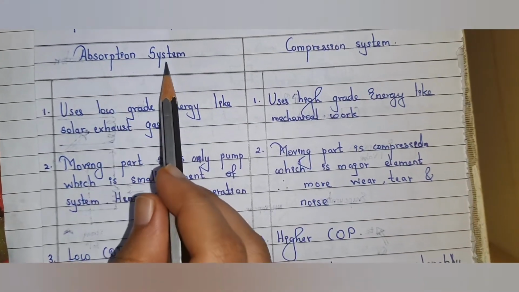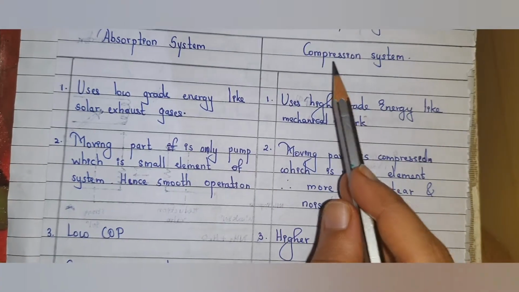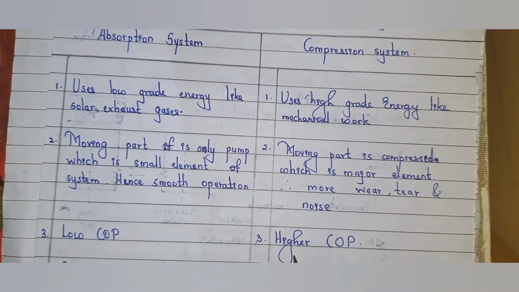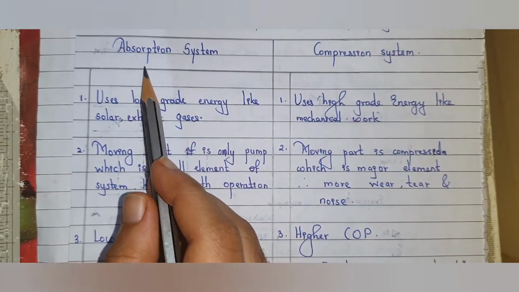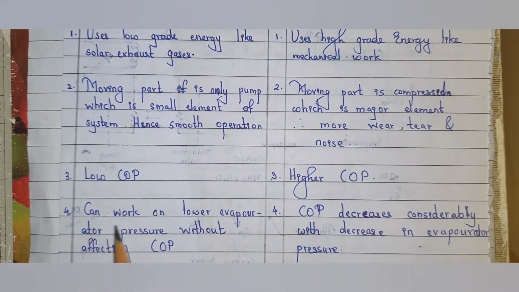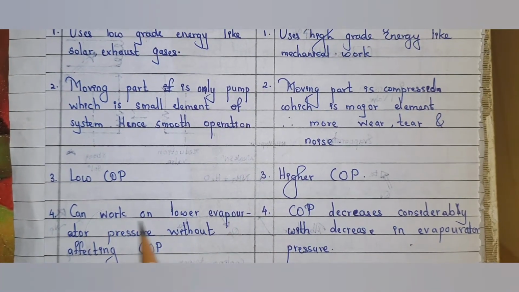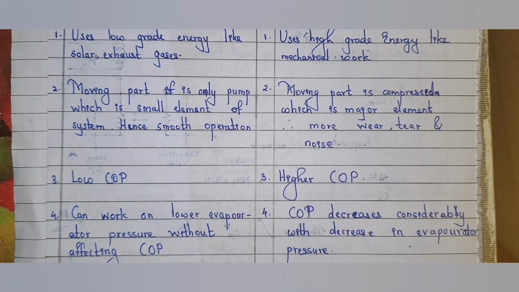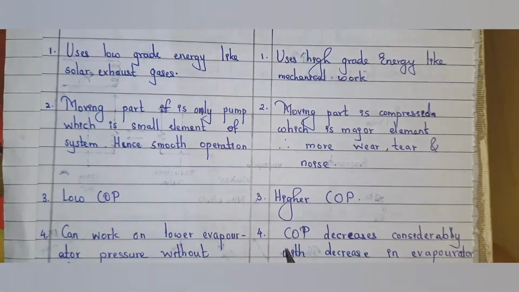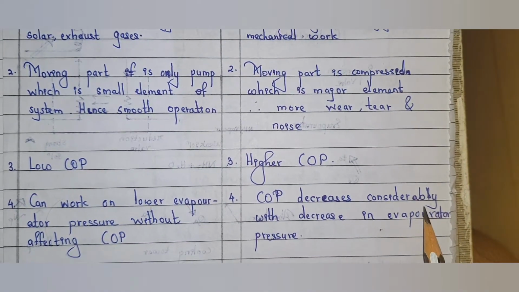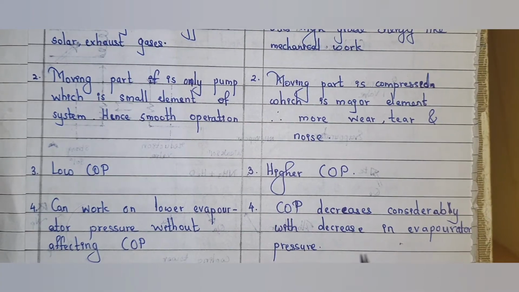Now the third point: the absorption system has low COP, and the compression system obtains higher COP. Now in the absorption system, our fourth point is that it can work on lower evaporator pressure without affecting the COP. But in the compression system, COP decreases considerably with a decrease in evaporator pressure.